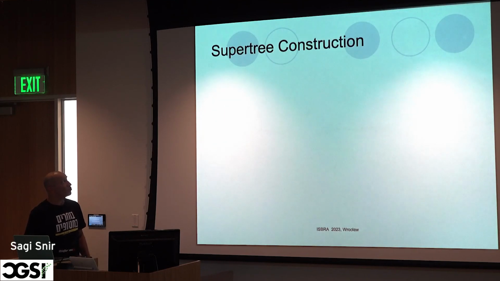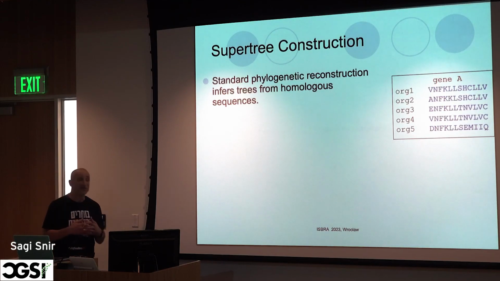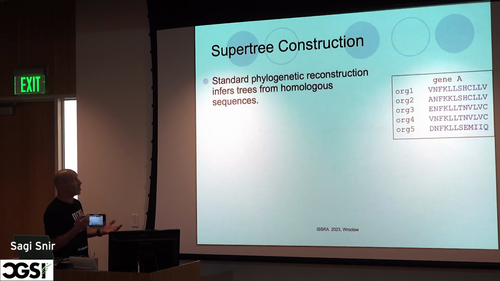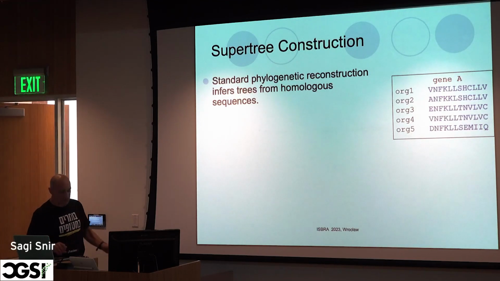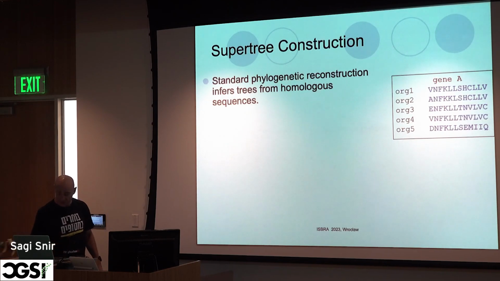Let's start with the supertree construction. The idea is the following. In standard phylogenetics, or in comparative genomics in general, we normally have orthologous genes for the species we are after, and the idea is to infer the tree or the history of the sequences or the organisms that stand behind the sequences.